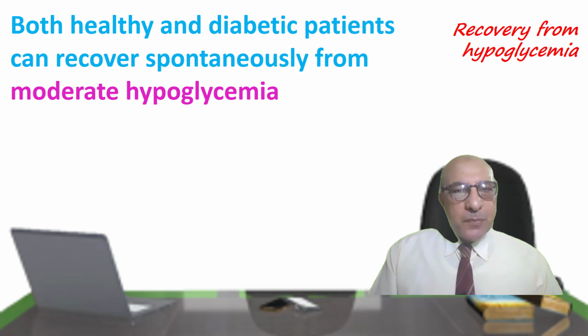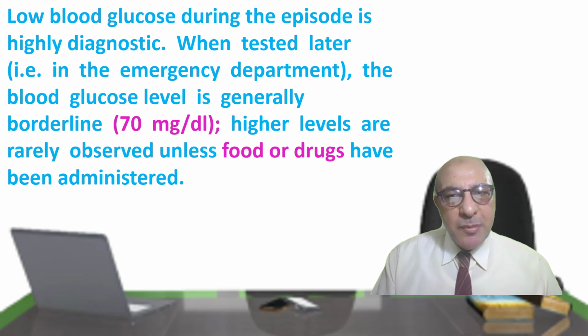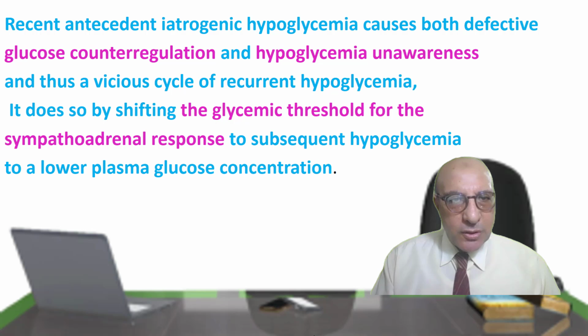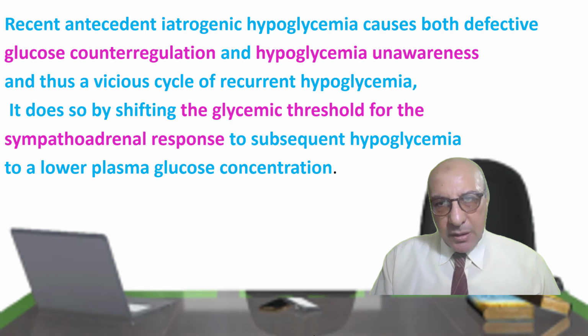Now, about what we call hypoglycemia-associated autonomic failure. Repeated attacks of hypoglycemia cause defective glucose counter-regulation and hypoglycemia unawareness also, thus initiating a vicious circle of recurrent hypoglycemia, of which the patient will not be fully aware, precipitating severe hypoglycemia.